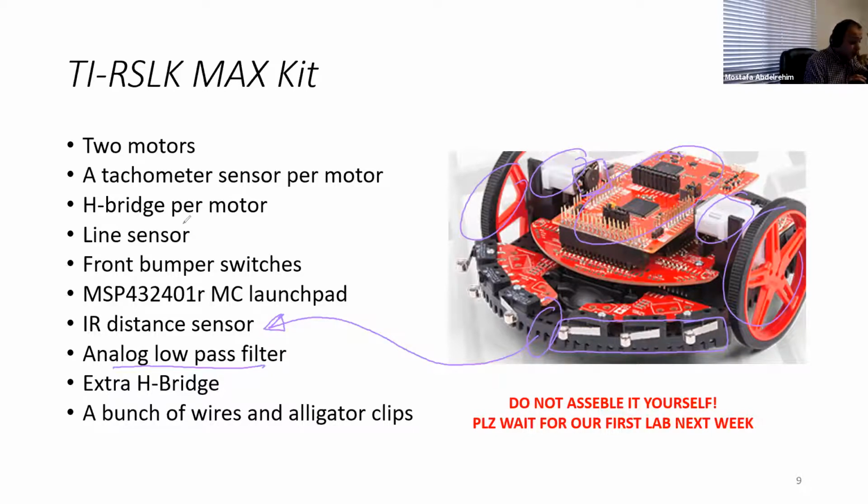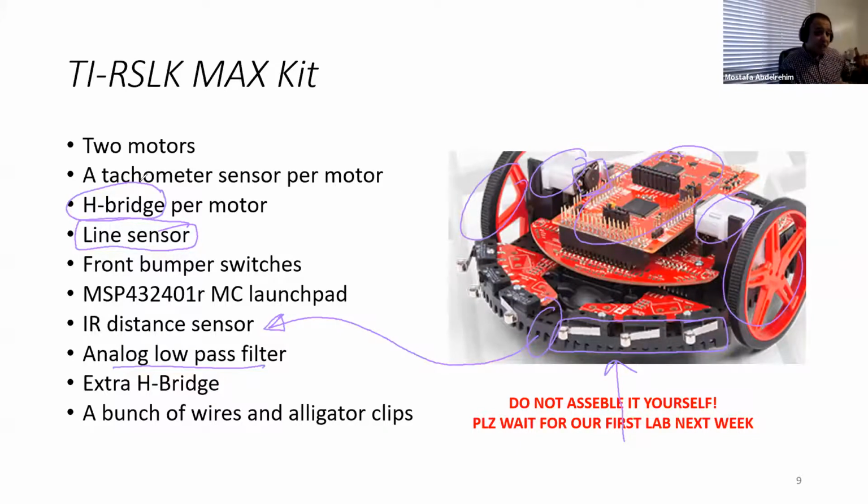You have what are called line sensors, and we will talk about them in our labs. They are very useful. They are mounted under the robot, so you can't see them here. Basically, the robot uses this line sensor to estimate its position, whether it is going right, left, or forward. You also have something called an H bridge, which is very useful.